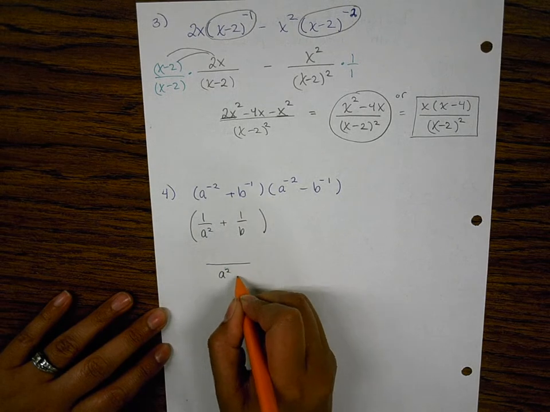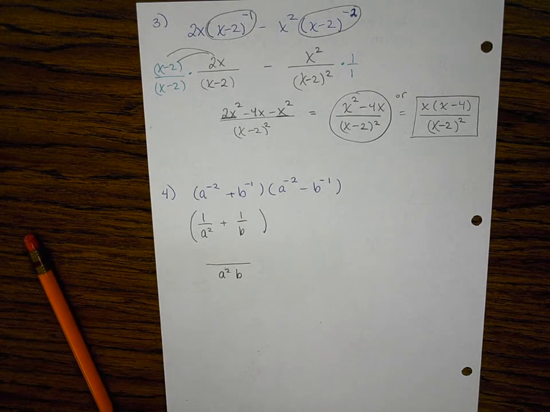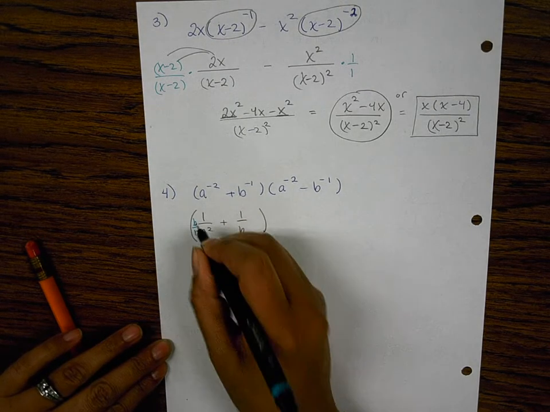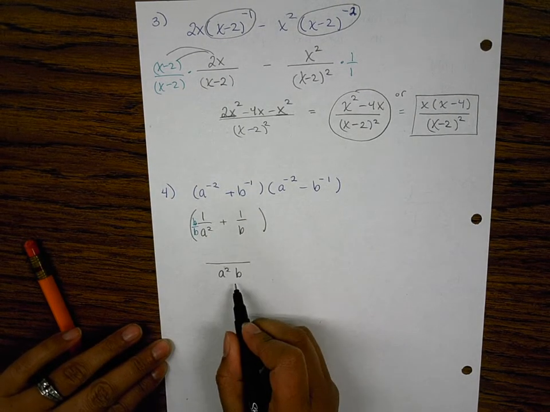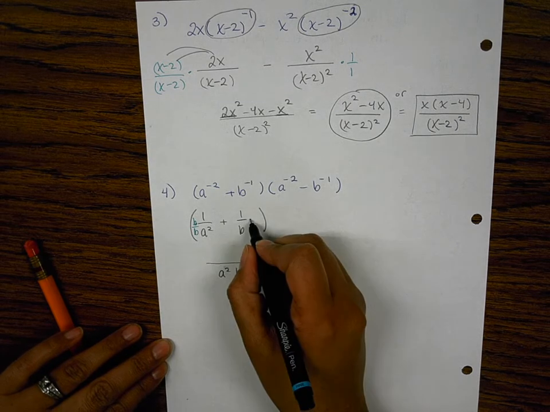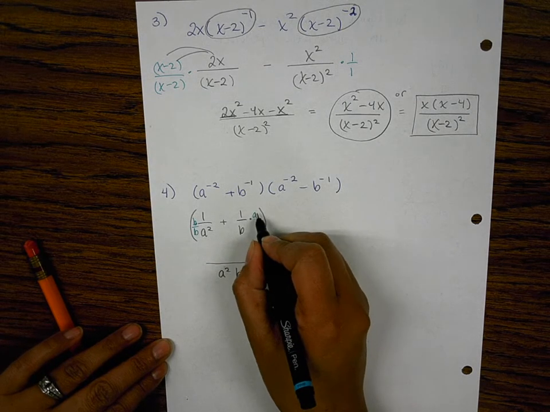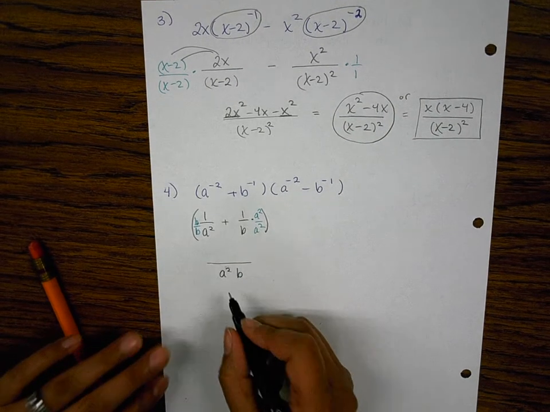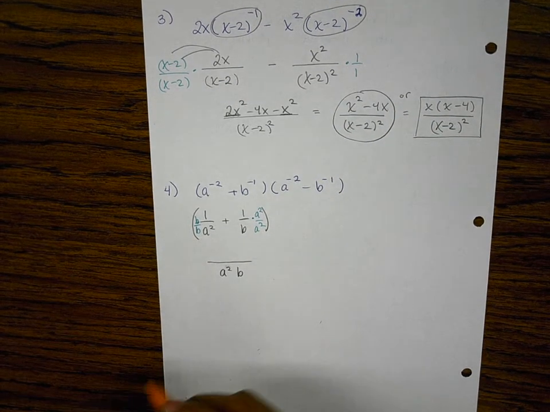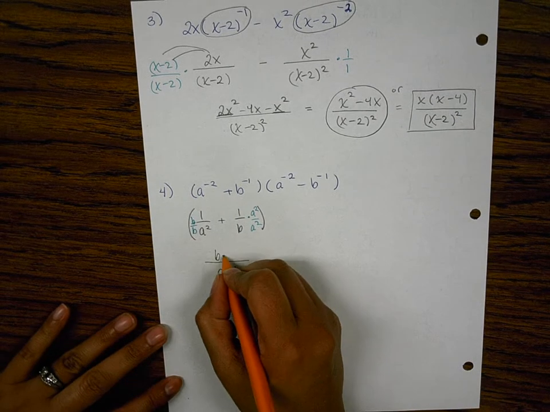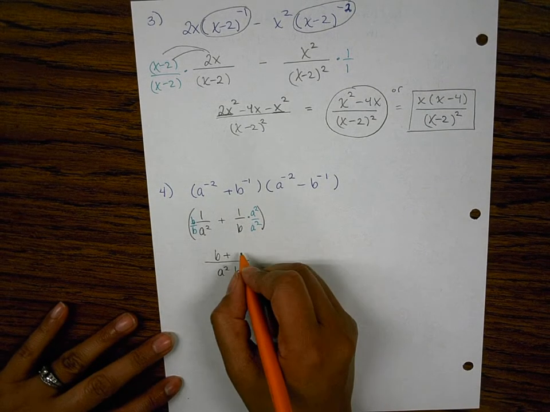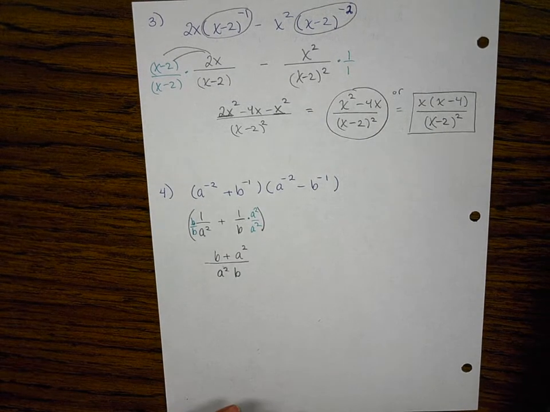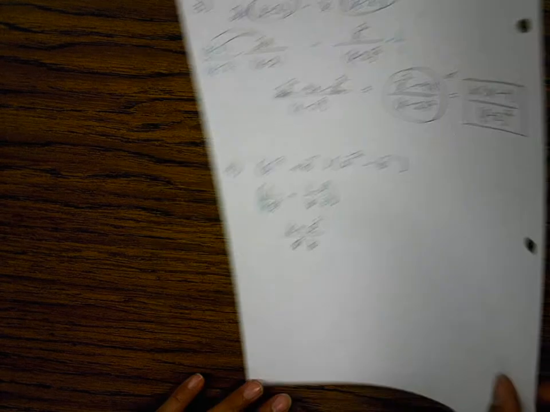And what is the common denominator? a squared b, which means you multiply the first fraction by b top and bottom, because a squared times b is a squared b, and I multiply this one top and bottom by a squared, because b times a squared is a squared b. All right, b times 1 is b, plus 1 times a squared is a squared.